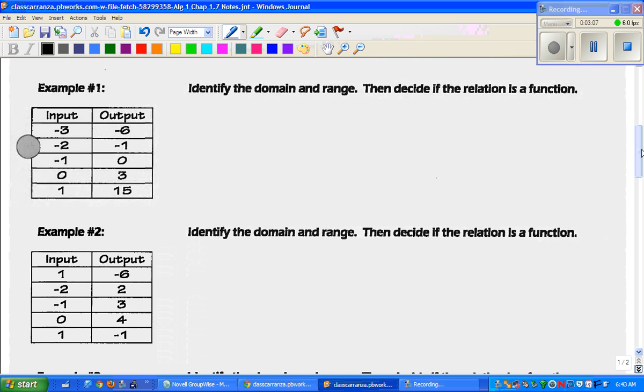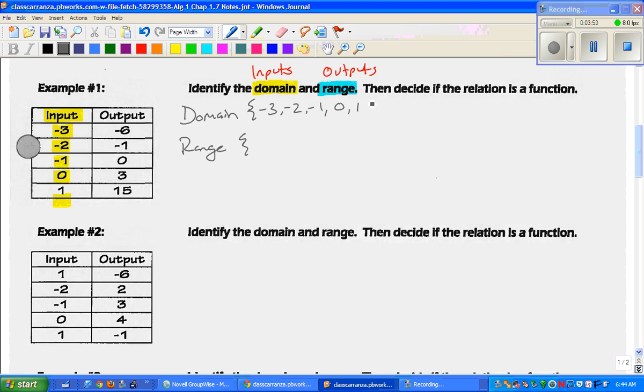Let's start going through some examples. Example 1 says identify the domain and range and then decide if each one is a function. And remember, domain are inputs, the range are the outputs. So how we're going to write this is we're going to write the domain and then we're going to write the range. The domain are the inputs, so any number over here, that is the domain.